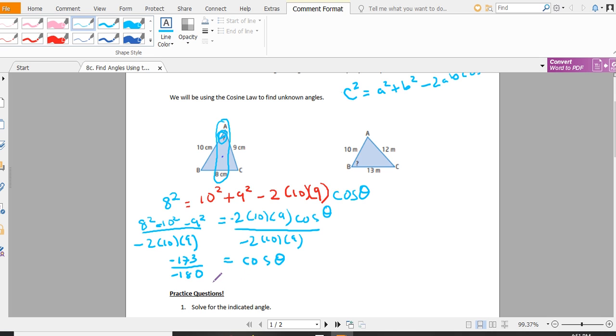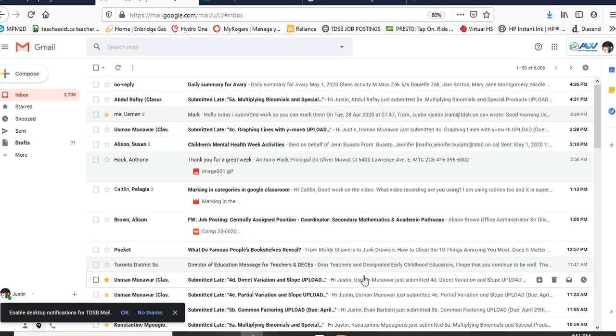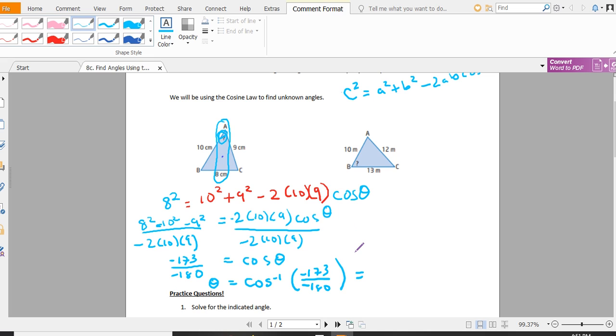So it just means that theta will then equal the inverse cos of negative 173 divided by negative 180, which will equal, so let me just type this in, cos inverse of 173 divided by 180 equals 16 degrees. So then theta will equal 16 degrees.